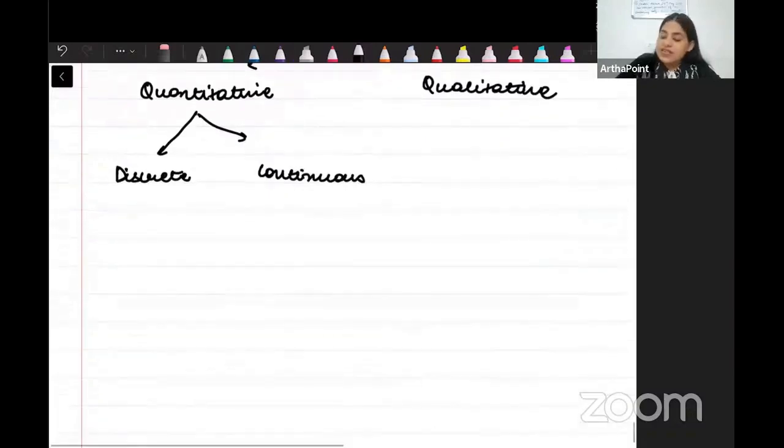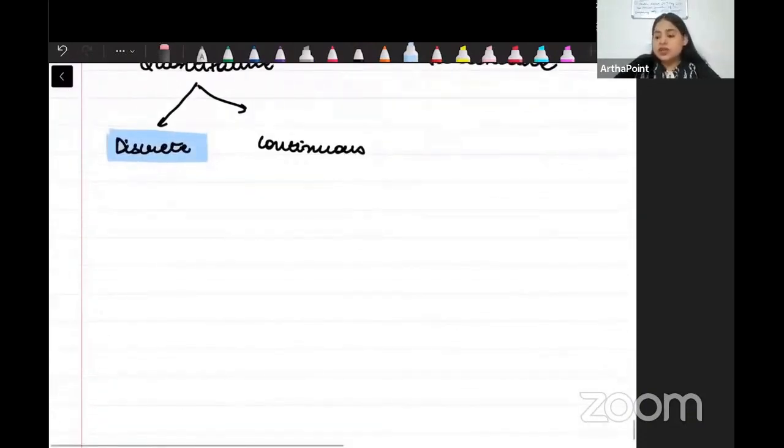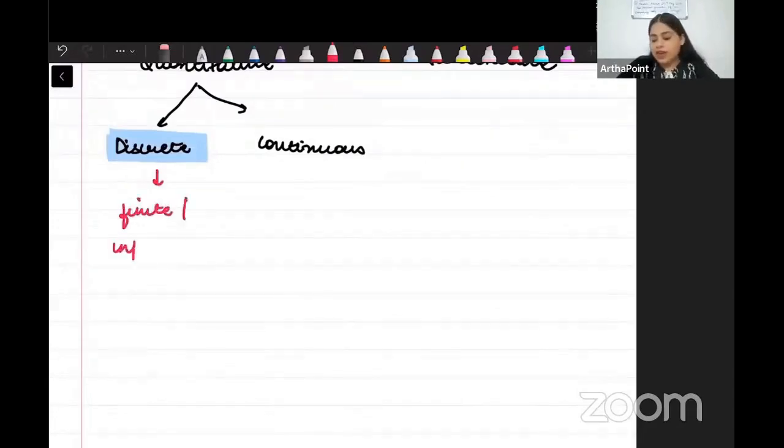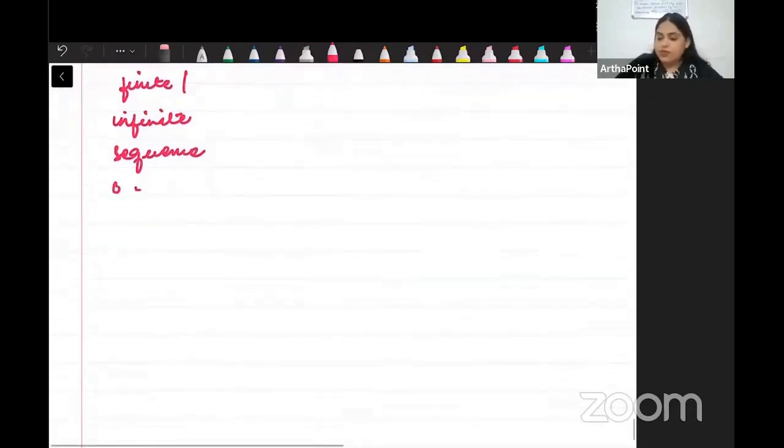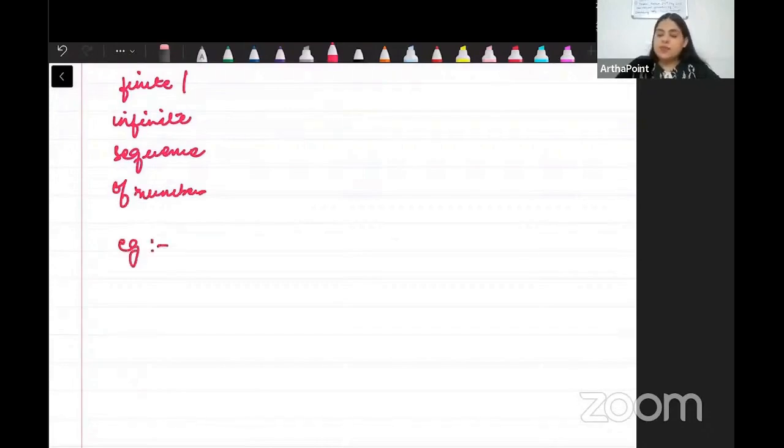When I say discrete, discrete is anything which is a finite or infinite sequence of numbers. For example, when I want to give the rank of the students, rank can be either first or second or third and so on.